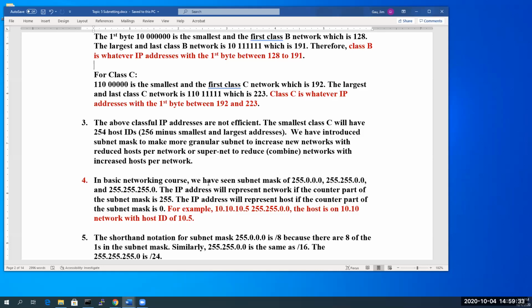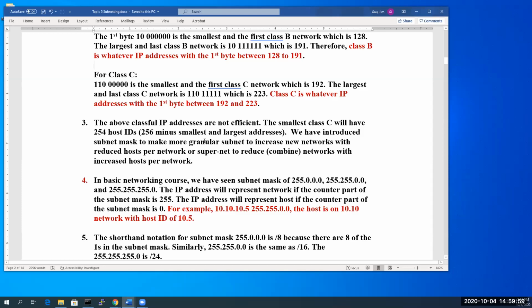That's the whole purpose, okay? So in the basic networking course, we use the subnet mask to define more detail of how to subnet it, to increase the number of networks with reduced hosts per network, or we supernet it by combining networks to increase the hosts per network.